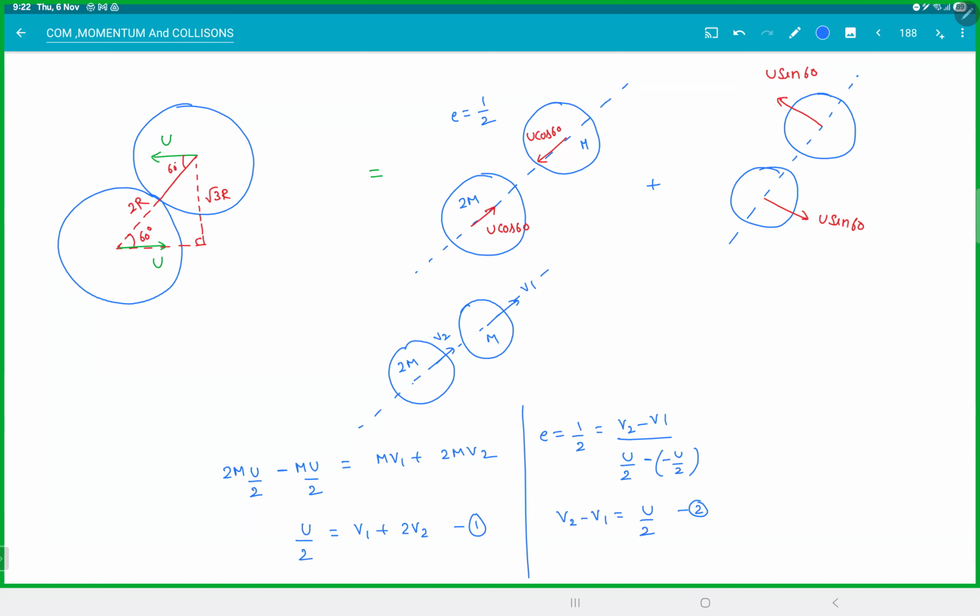Interesting. Now if I add both of them, v1 gets cancelled. Then I get 3v2 is equal to u. So v2 is u by 3. Looks right. Then v1 will be v2 minus u by 2, minus u by 6. v1 will be... did I mess up something?